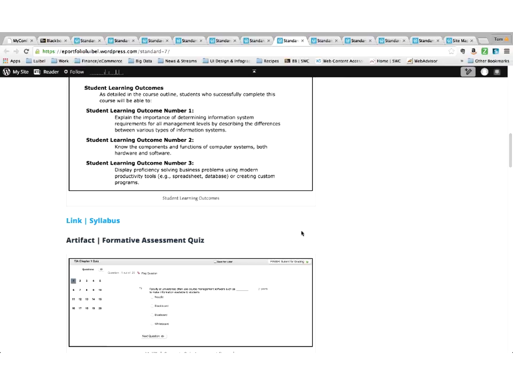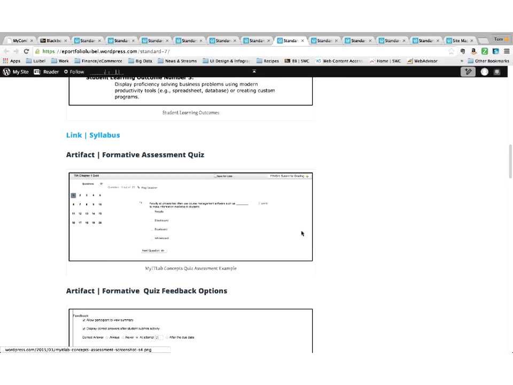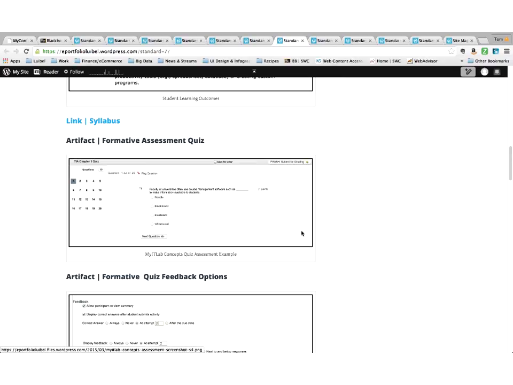So these particular SLOs were passed down to us. So please don't judge me on how well they're written, because they were given to us by a CSU institution. So we kind of have to follow that. At any rate, those are the SLOs.